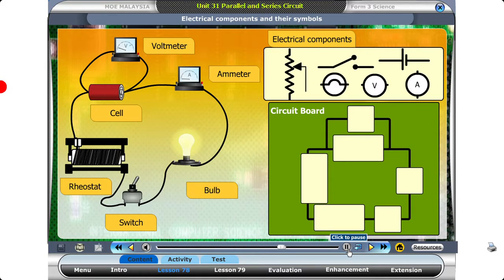Take a look at the photograph. Drag and drop the symbols into the circuit board to form a circuit as shown in the photograph.